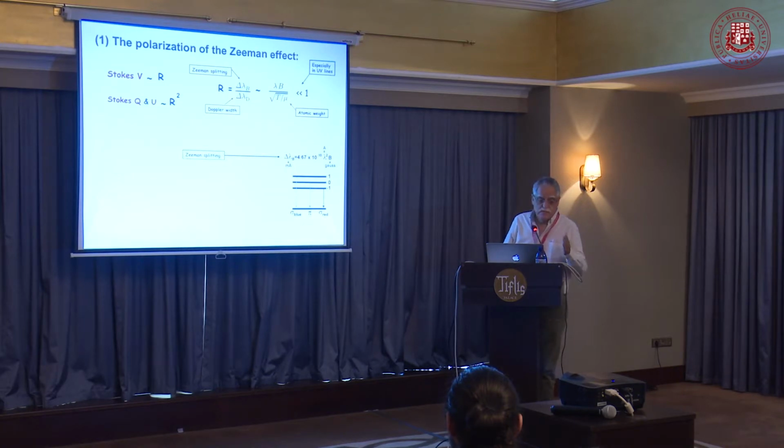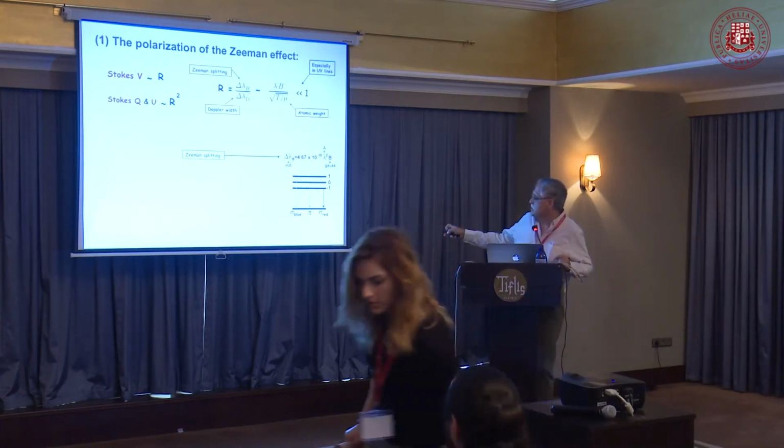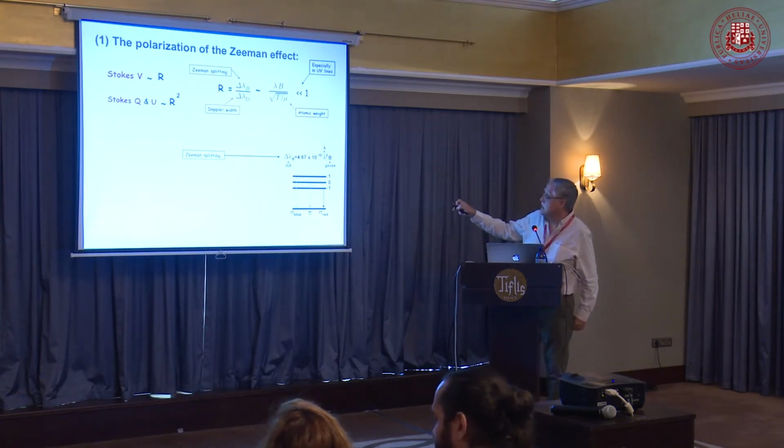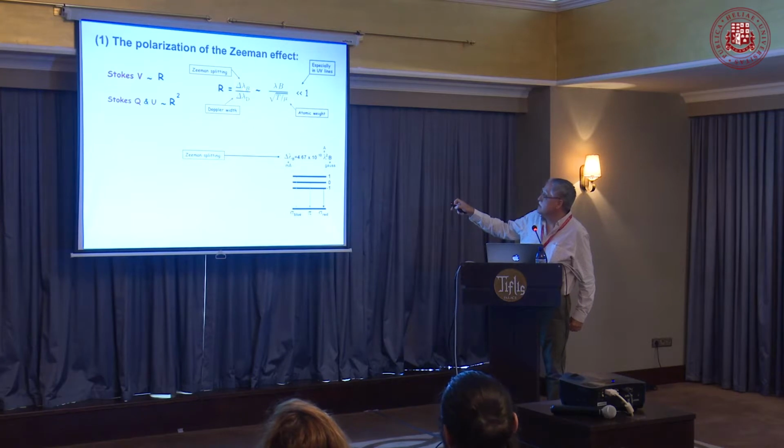In the Zeeman effect, polarization is produced because of the separation in wavelengths between the pi and sigma transitions, which originates from the Zeeman splitting of the levels. Important to remember always is this ratio, between the Zeeman splitting and the Doppler width of the line, the thermal width, and it scales as indicated here.